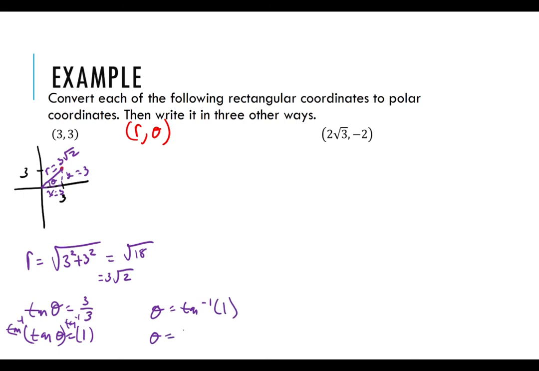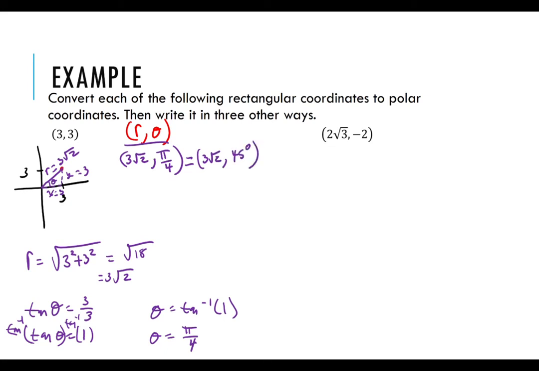And so now I know tangent inverse of 1 occurs at a rotational angle of 45 degrees, or pi fourths. And so my first polar coordinate is (3 root 2, pi fourths). Of course, that's exactly the same thing as (3 root 2, 45 degrees).